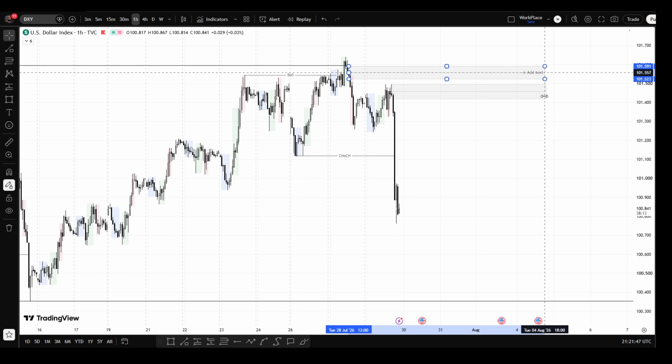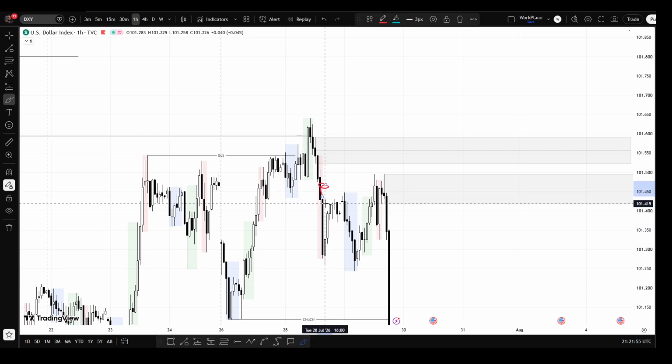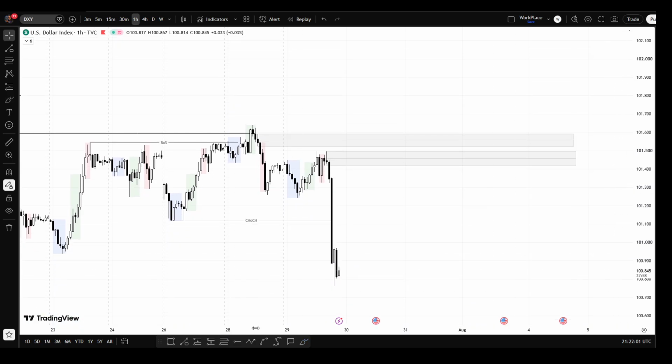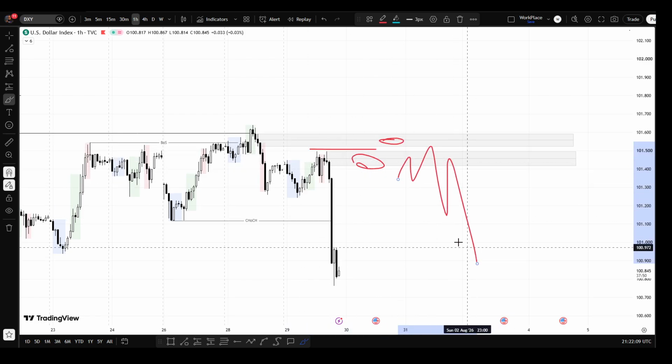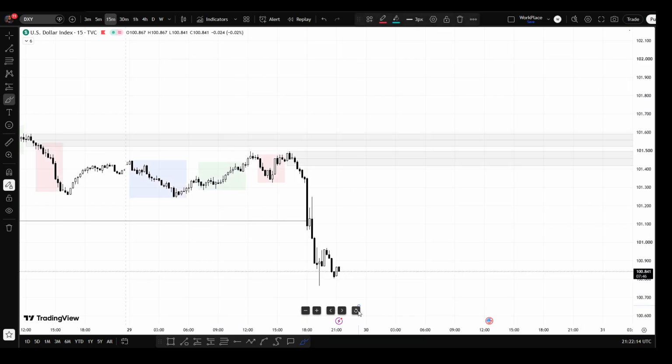You can see that price decided to mitigate this fair value gap and then left this one behind. So we'll be waiting for price to return, then mitigate this block or this other block, and then sweep this high as a liquidity, and then we look for a lower time frame shift to then sell to the downside.